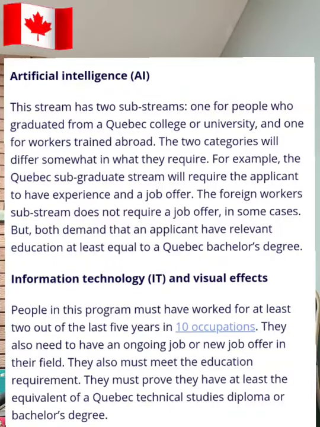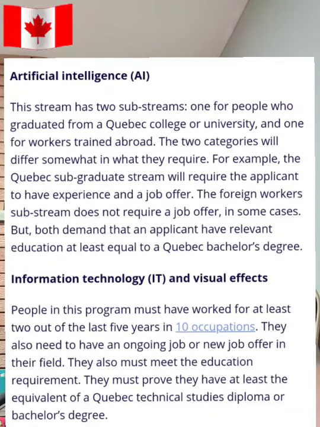Now, the artificial intelligence stream has two substreams: one for people who graduated from a Quebec college or university, and one for workers who are trained abroad. These two categories differ somewhat in what they require. For example, the Quebec graduate stream will require the applicant to have experience in a job offer, and the foreign substream does not require a job offer in some cases.